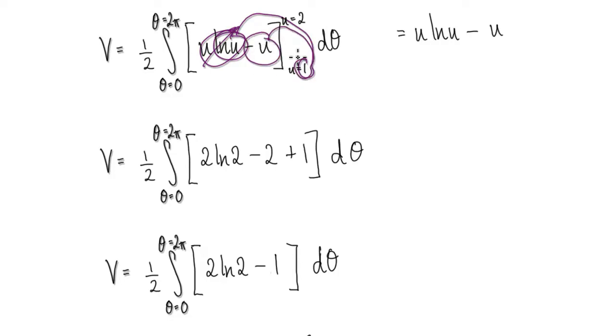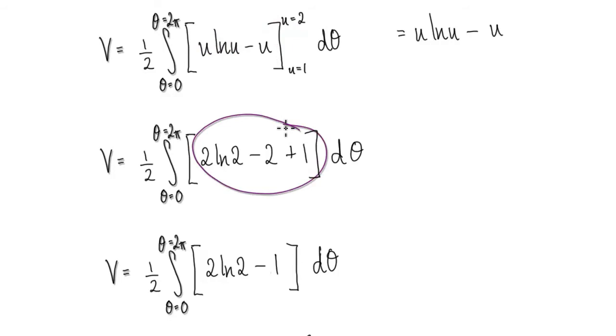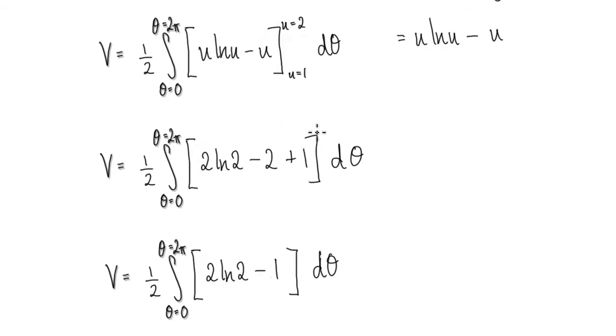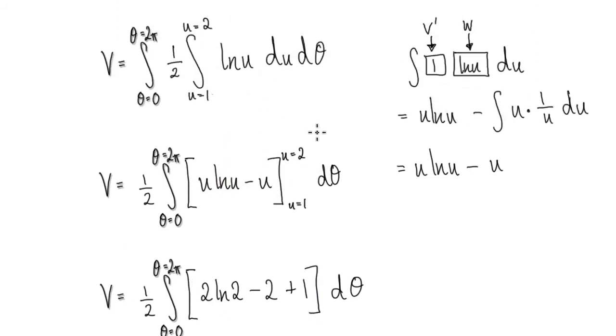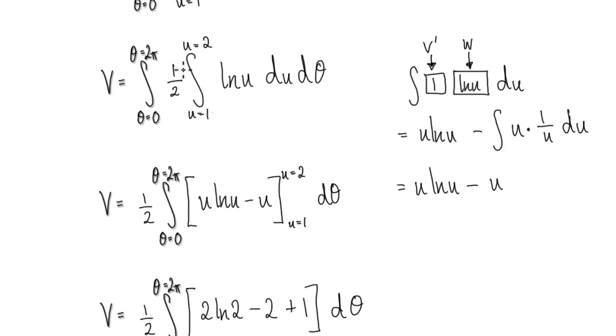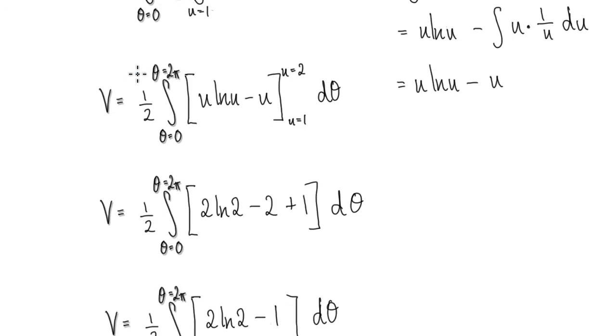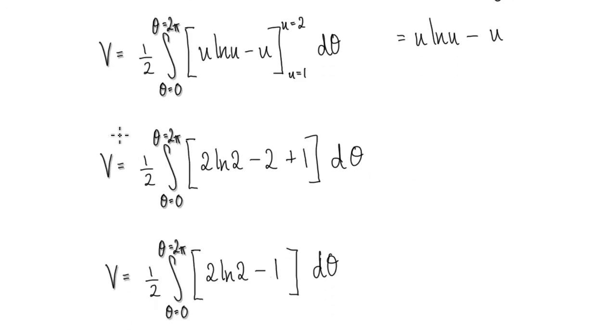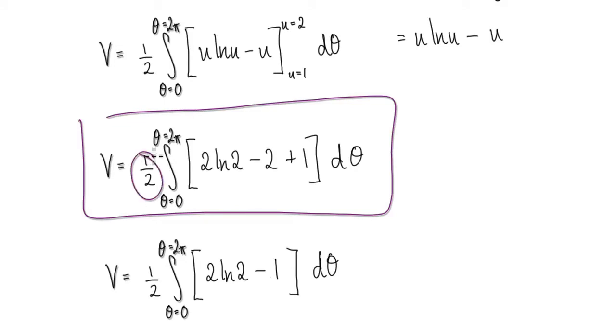When you take away a -1, it will give you a +1. That takes us to here. Don't forget, we can actually take this half out here as well, so bear that in mind. We are now currently here with a half on the outside.